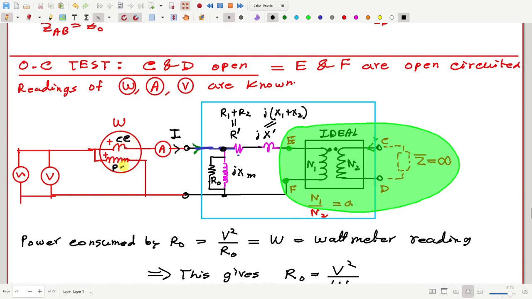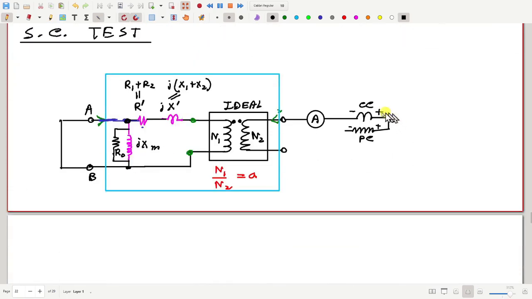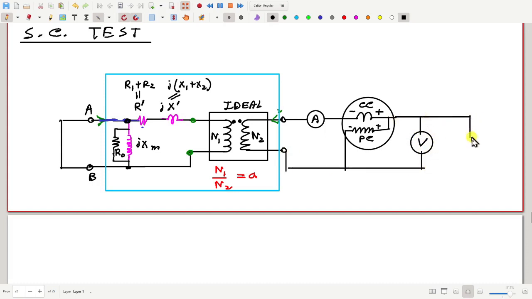And this is the potential coil, the pressure coil, with more turns, drawn to indicate more impedance. So here a wattmeter, voltmeter, and a supply. And A and B are shorted together.